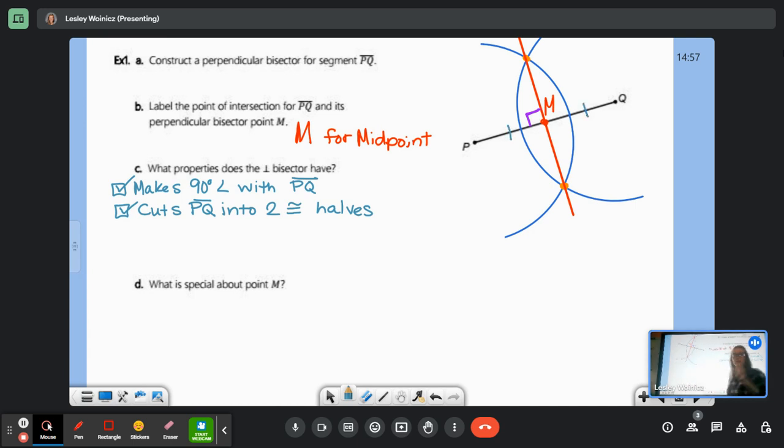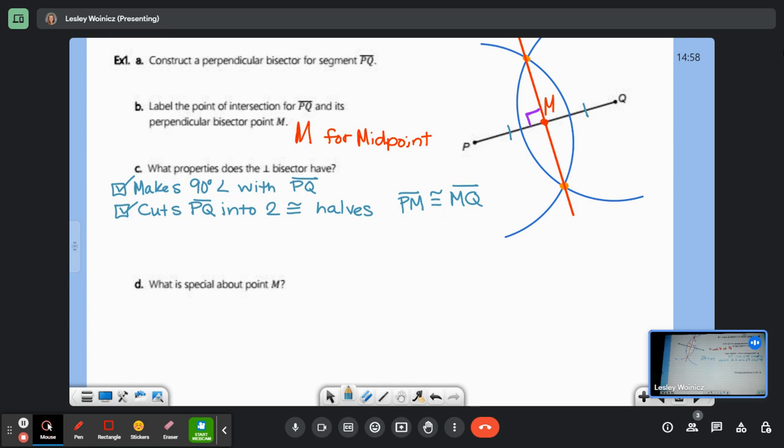When I make those little ticks like that, it means that those segments are congruent to each other. So I can say that PM, the segment, is congruent to MQ, the segment. Okay, so those two are probably the easiest ones.